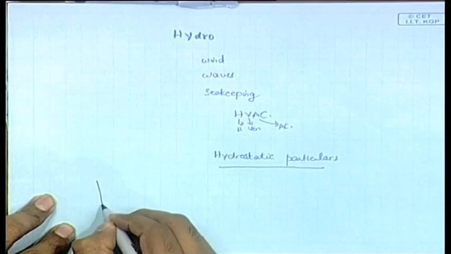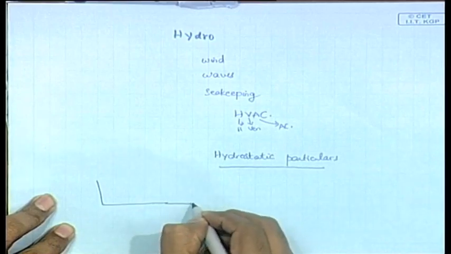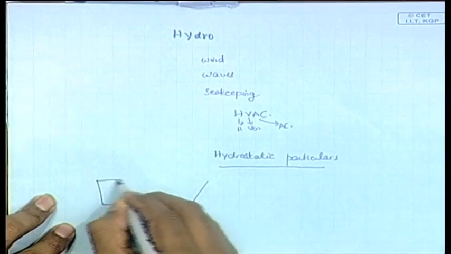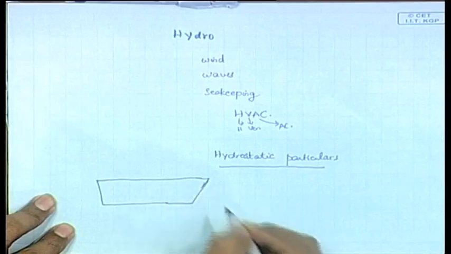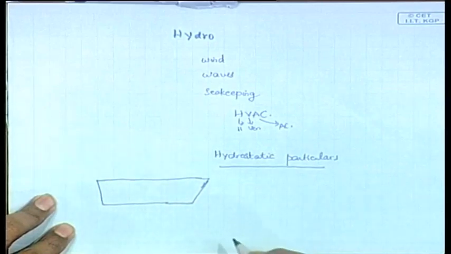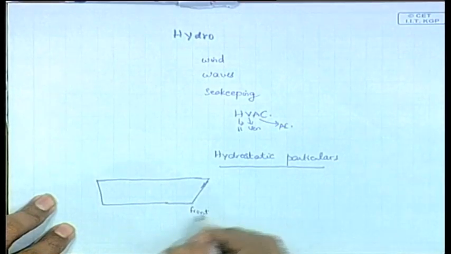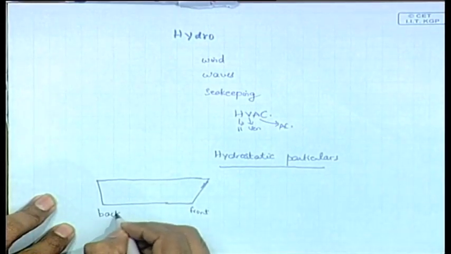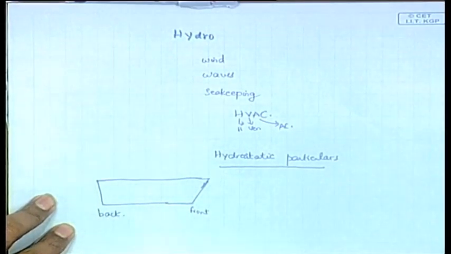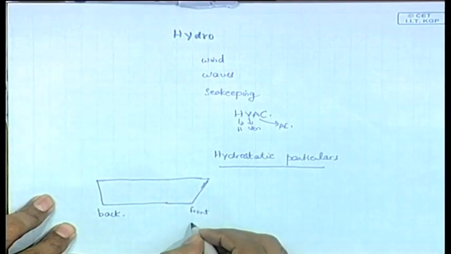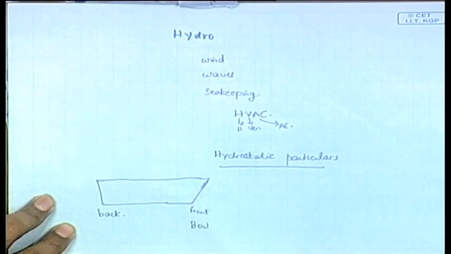The first one is, okay, suppose this is a ship. Now first of all, let us say this is the front of the ship, this is the back of the ship. Now in naval architecture terms we call the front of the ship the bow of the ship.